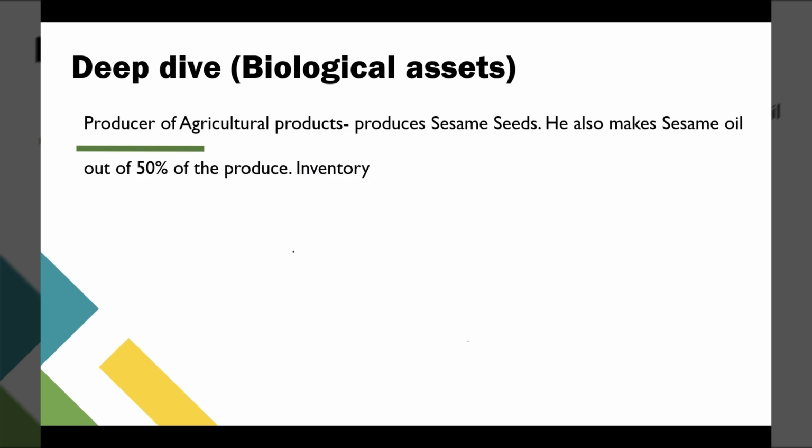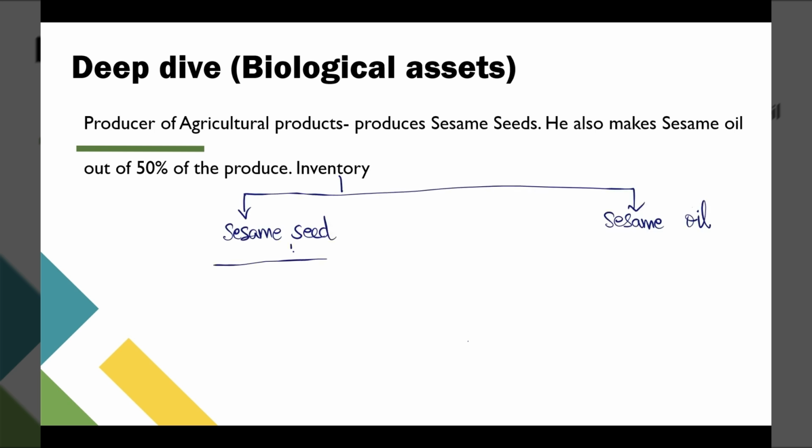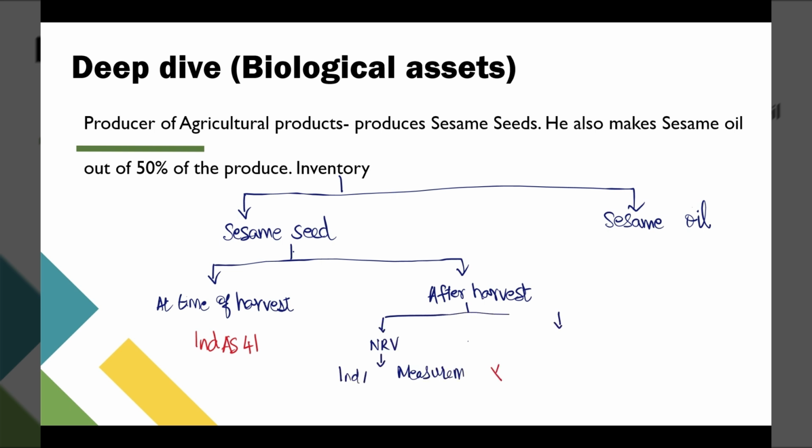I hope you have thought through what could be the answer. So, the inventory includes sesame seed and sesame oil. For sesame seed, we have two categories. One is what happens to sesame seed at the time of harvest. We have already seen that Ind AS 41 would be applicable, so Ind AS 2 is completely not applicable. How about after harvest? There are two categories.